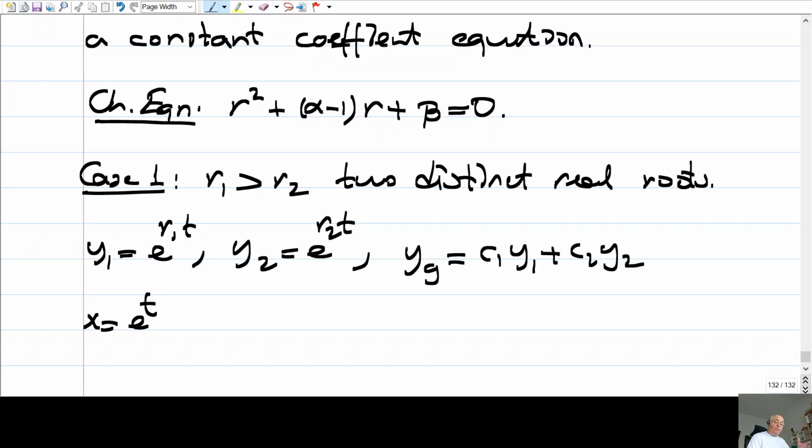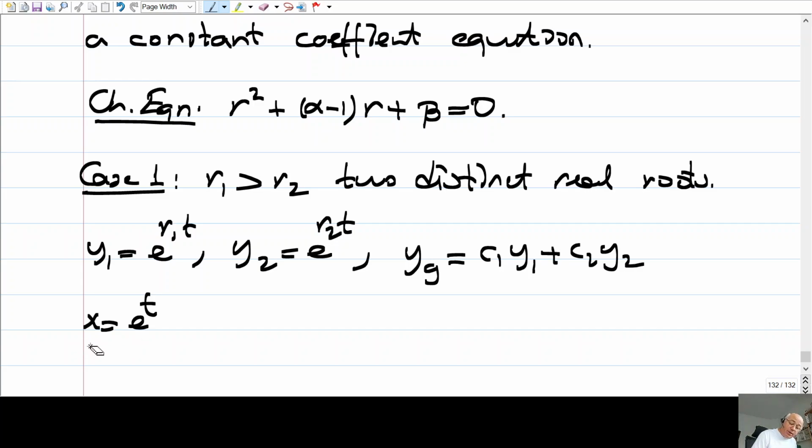My original variable is x, not t, so after I solve this equation and obtain the solution as a function of t, I have to use this substitution again and write the solution in terms of x.